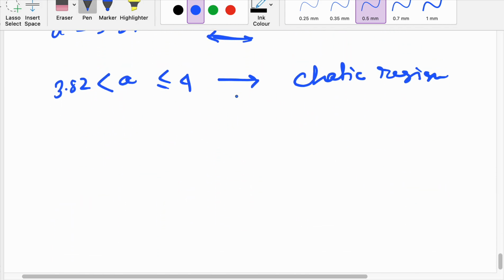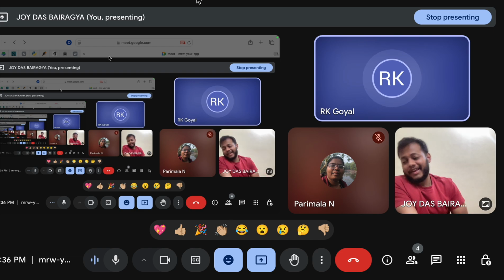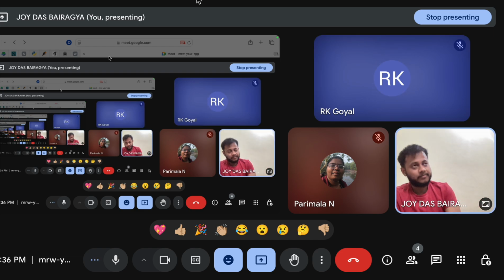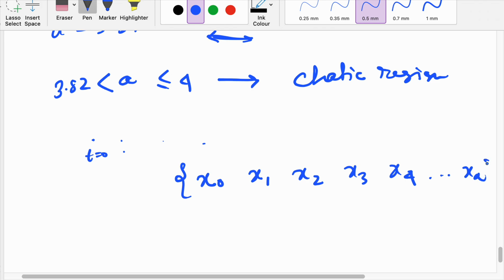Now I have two new terms here. The first one is orbit, and the second term is chaos. What is the meaning of both terms? Orbit means nothing special. If there is a sequence of time, suppose t equal to 0, 1, 2, 3, 4, and x0, x1, x2, x3, x4, up to x infinity, the set of these points is called an orbit.